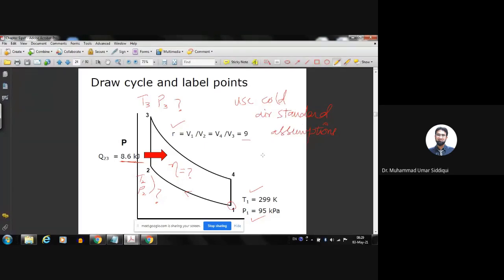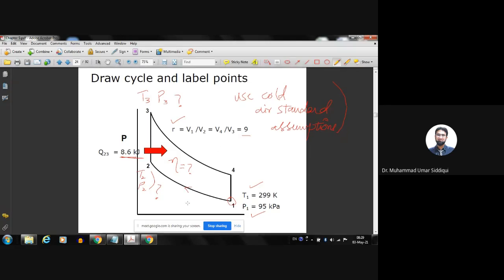This is very important: when it says to use the cold air standard assumptions, this tells you what kind of procedure to use to solve the problem. So you are not going to use table A17. If it is cold air standard assumption, you cannot use table A17, because table A17 is only used for the exact analysis. Okay, let's start one by one.